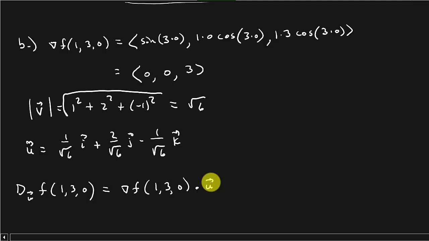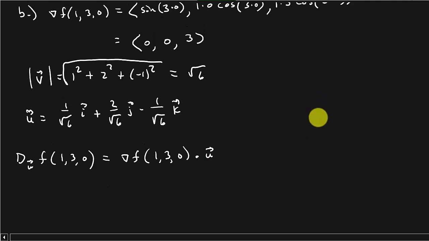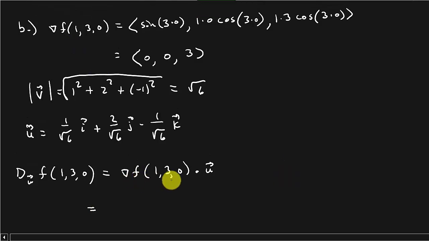Okay, so there's our formula. And so this is going to equal, well, what was this? Well, this was the vector 0, 0, 3 dot our unit vector, which is 1 over square root of 6, 2 over square root of 6, and negative 1 over square root of 6.